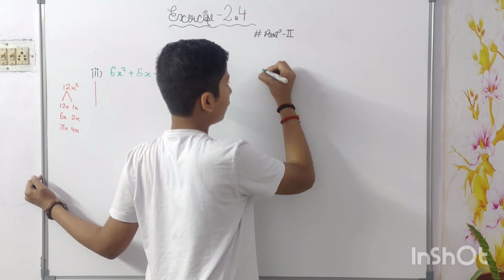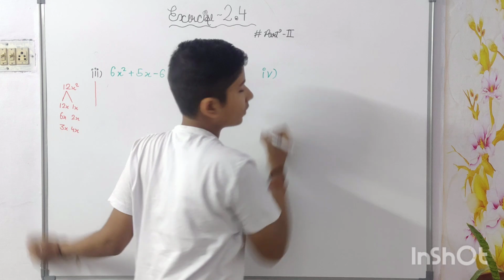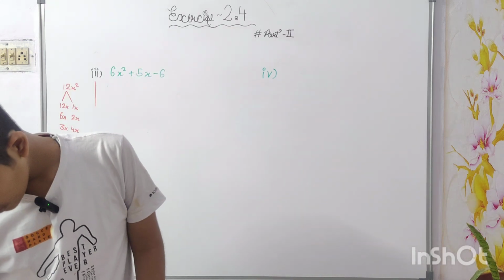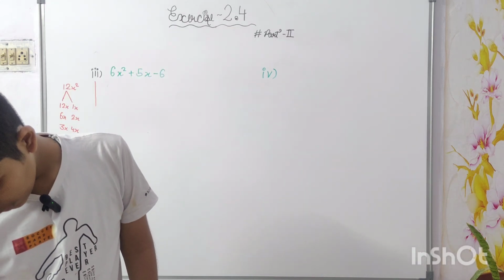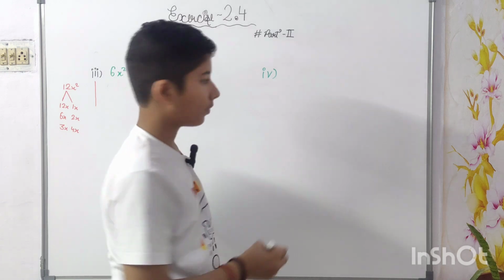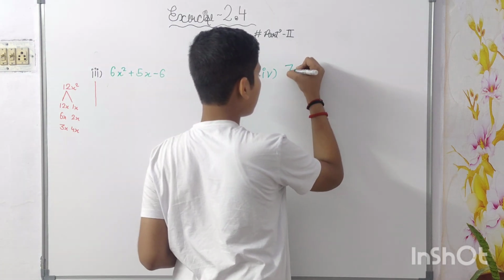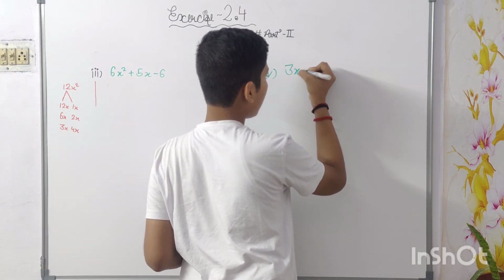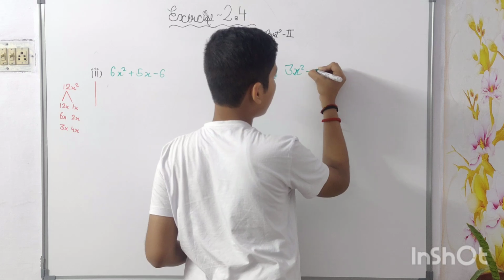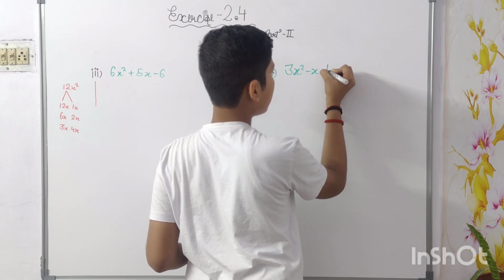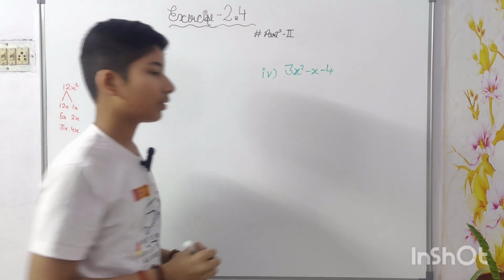And here I'll write fourth, which is 3x square minus x minus 4.